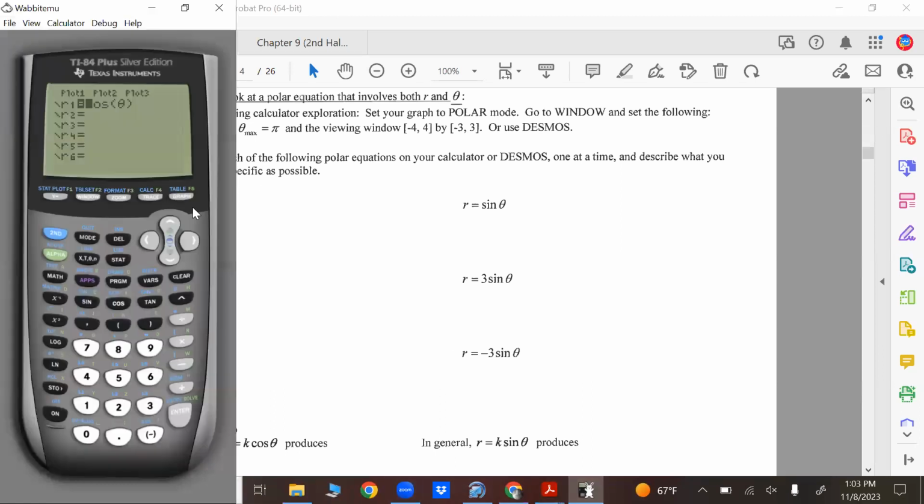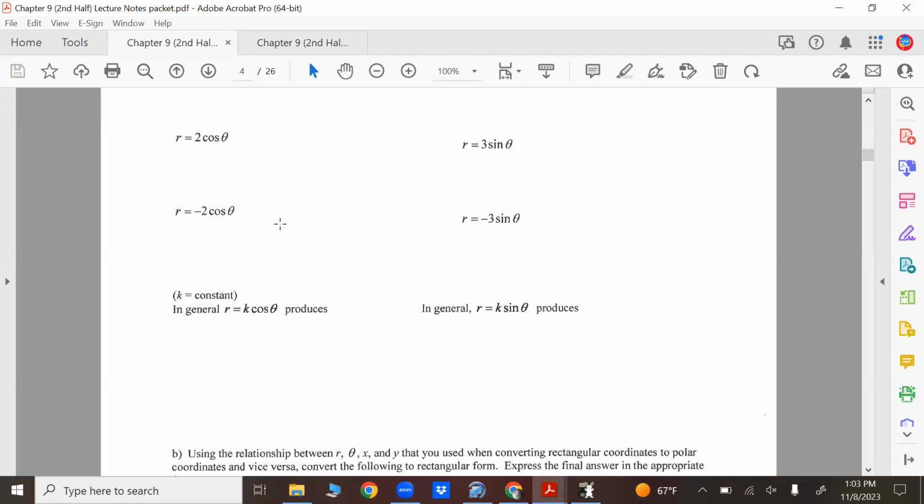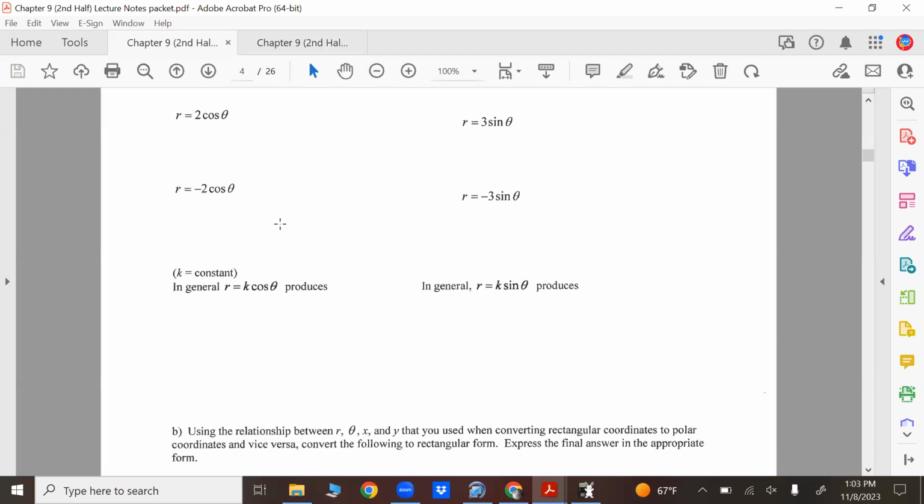Let's move on. Okay. So 2 cos theta. So it's a bigger radius, right? But if I were to make that negative, let's insert a negative. It goes the other direction, right? So let's take care of that now.